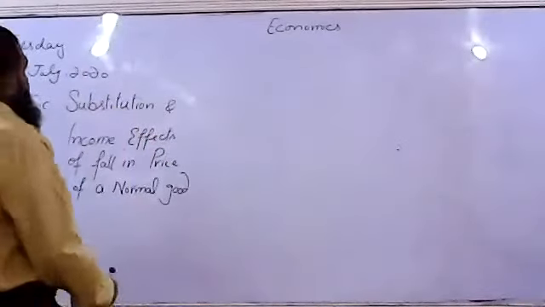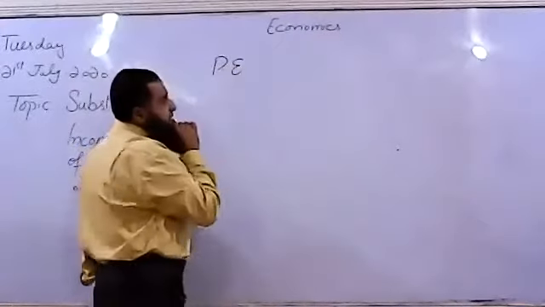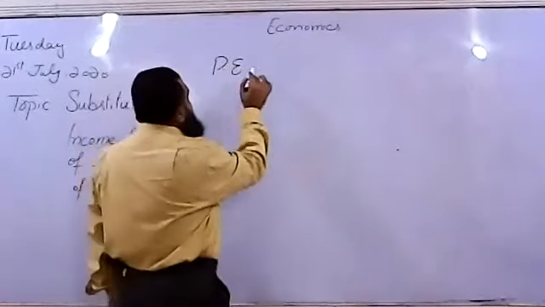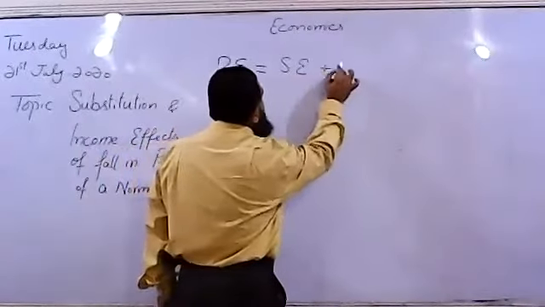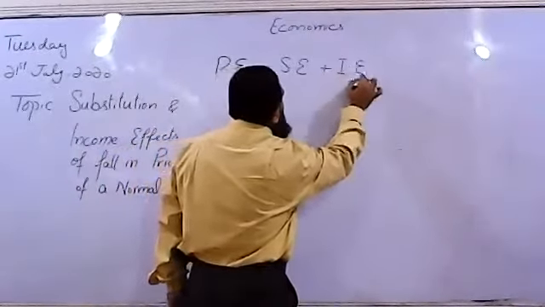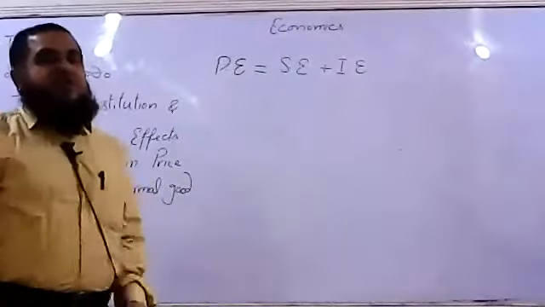Now this fall in price, when the price of a normal good decreases, has two effects. One is called the substitution effect, another is called the income effect. Substitution means what?